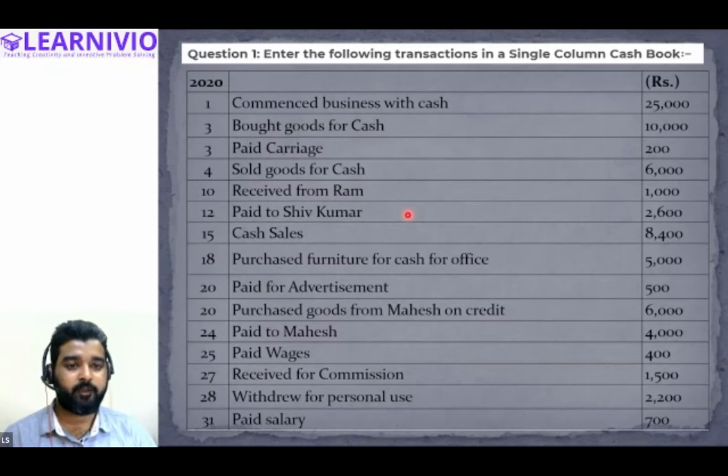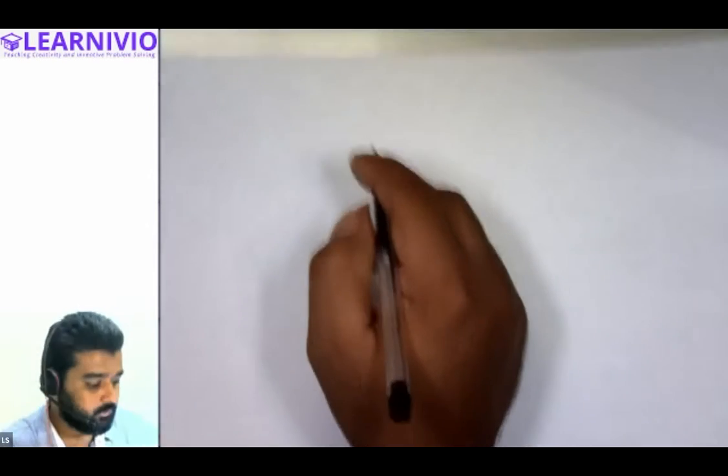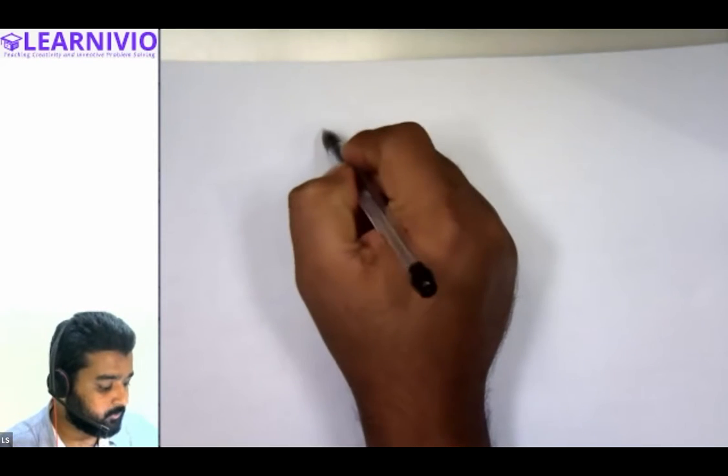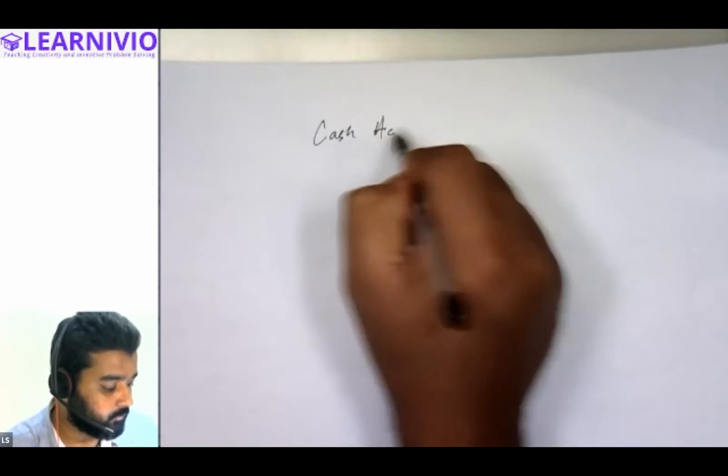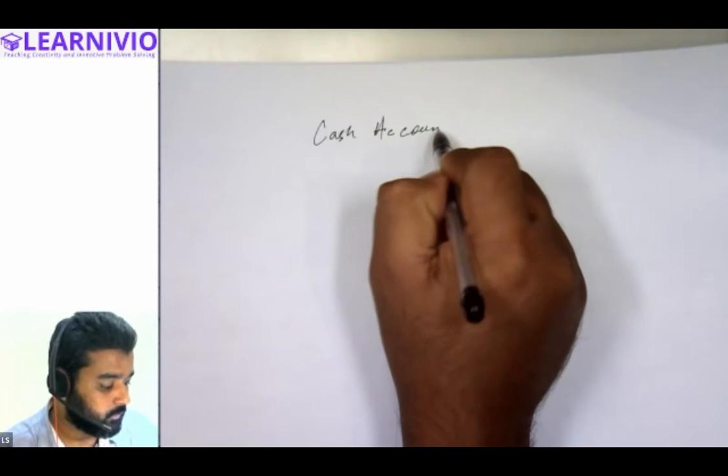We need to prepare the cash account or cash book. So how do we do that? See, first of all we will put a heading, cash account, and then how we will prepare the account.